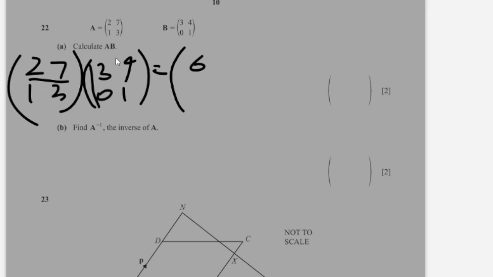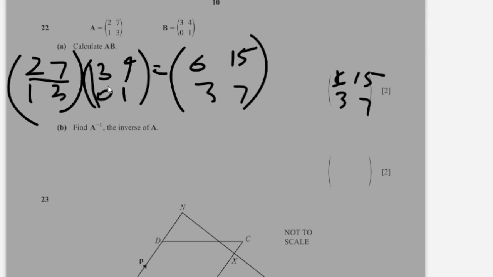So 2 4s are 8 plus 7 1s are 7. So 8 plus 7 gives us 15. And then we have 1 and 3 multiplied by 3 and 0. So this is 3. And then we have 1 into 4 plus 3 into 1, which is 7. So we have our answer as 6, 15, 3, and 7.